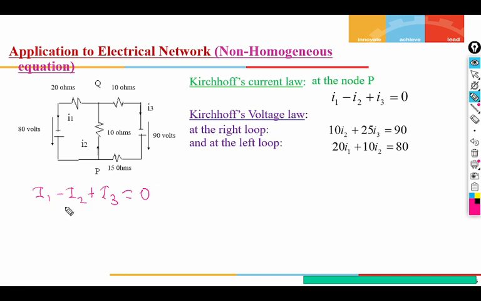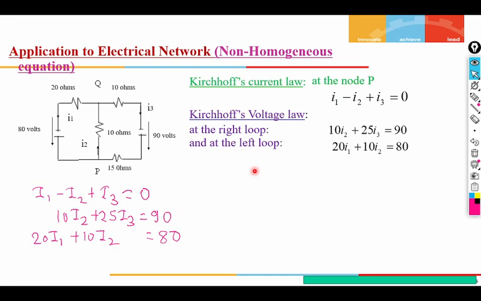Let me take 10 I2 plus 25 I3 equal to 90, and the last equation is 20 I1 plus 10 I2 is equal to 80. With these three equations, we are now going to solve this system of equations.